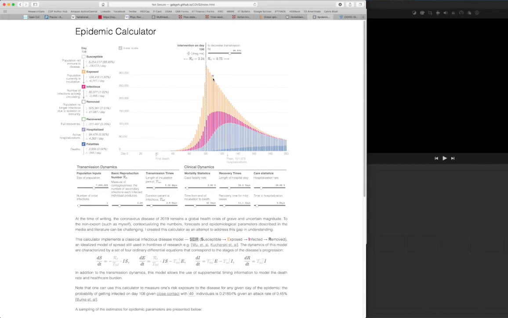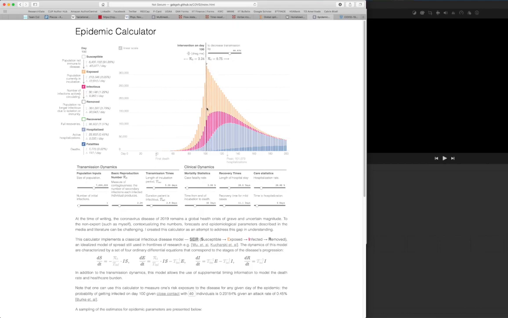And then it plots the number of people that have been exposed, which is the brown, infected, which is the red, and then hospitalized, that's the light blue, and then the number of fatalities is the dark blue. And one of the things that's really interesting to see is that even after the number of cases has peaked, you can see how each lags the other.